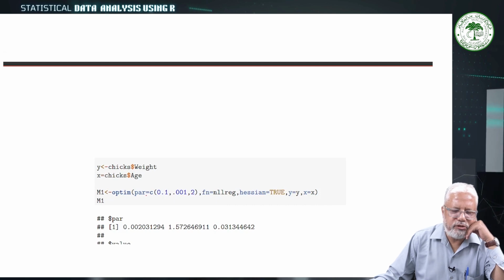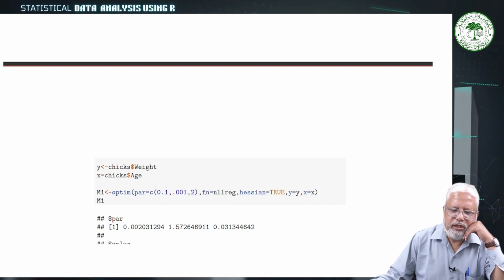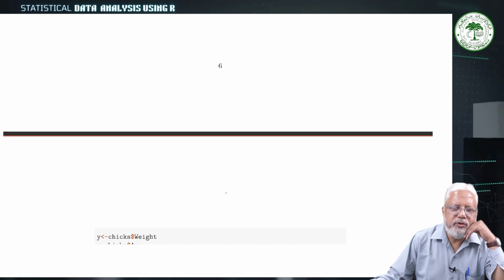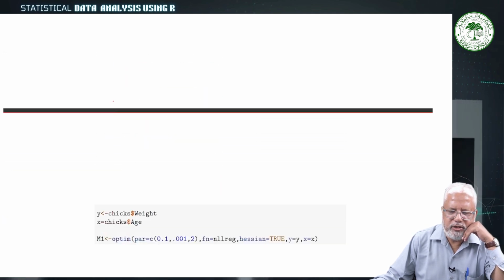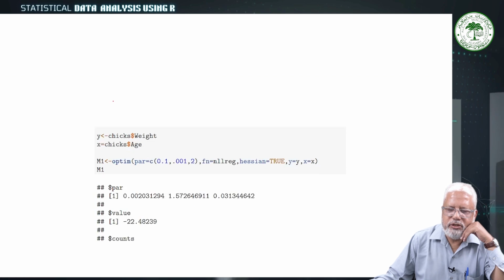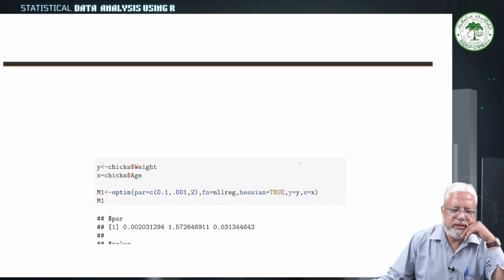I am giving guess values to these to start the iteration, and the objective function to be minimized is NLL.reg, which has been defined here. And Hessian is equal to TRUE, y is equal to y, and x is equal to x.